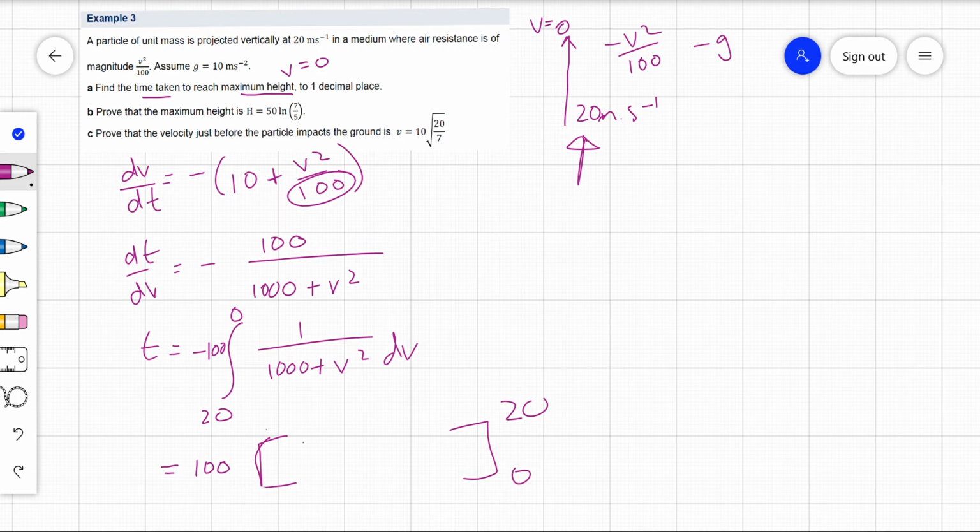So we are going to get 1 on a, where a is the square root of 1000, so 1 on a, inverse tan of v on square root of 1000, between 0 and 20.